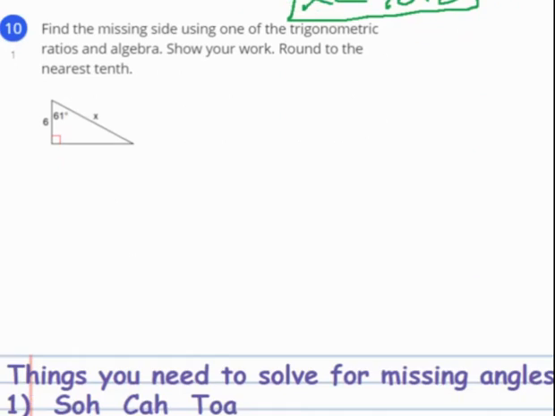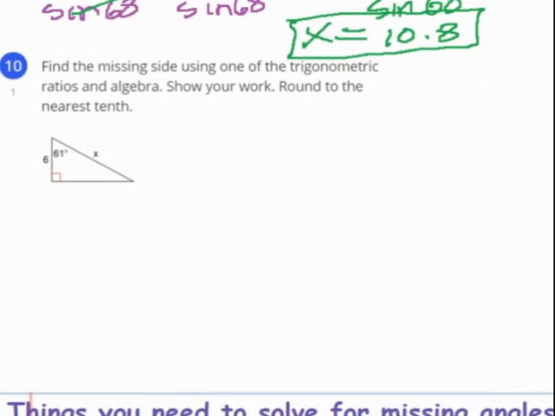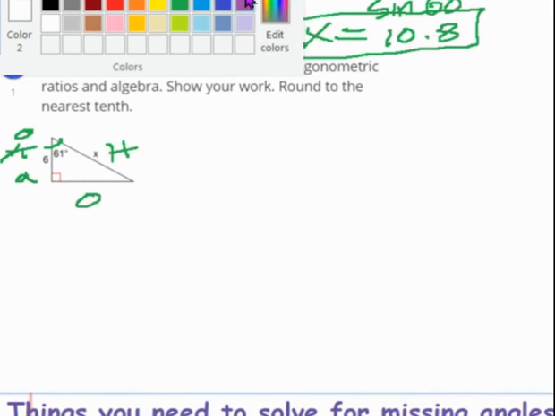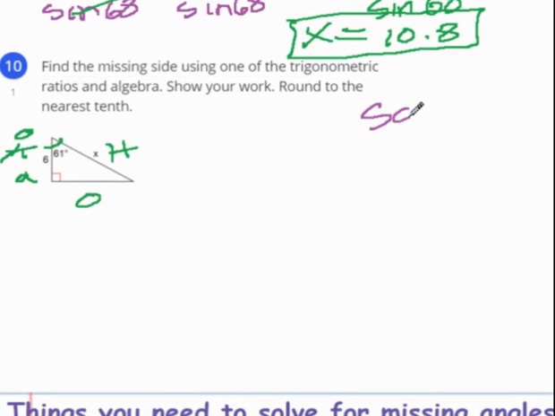All right, let's go to number 10. Find the missing side using one of the trig ratios. Okay, again, you are at the angle that's indicated. The two sides that point to you are adjacent and hypotenuse, and opposite is the other one. Well, if I use SohCahToa, let's go ahead and write that down.